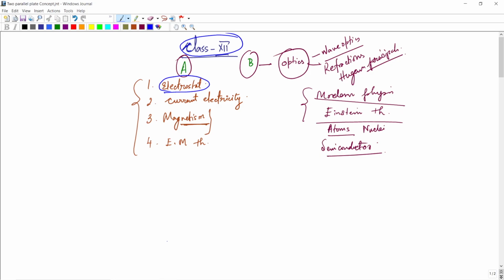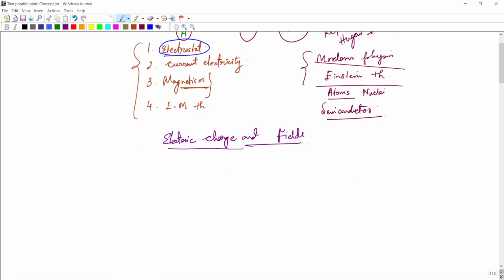So now we start electric charge and field. That concept comes mainly in the electrostatics portion. Static electricity means static charge.